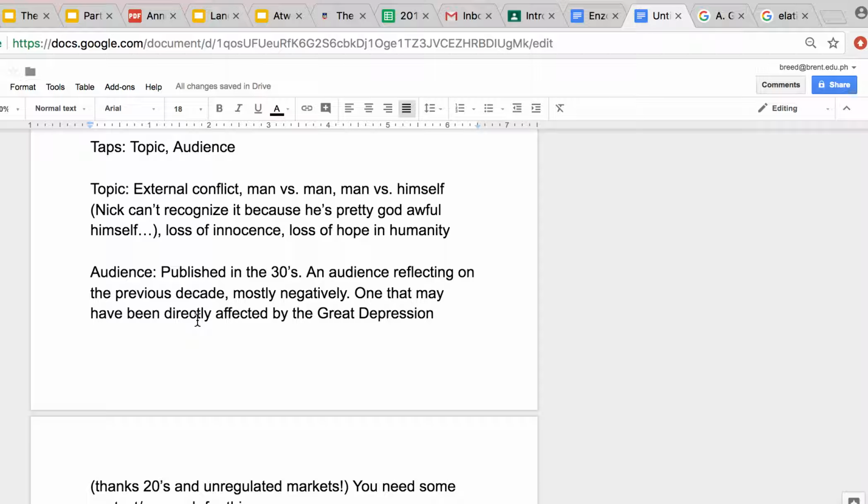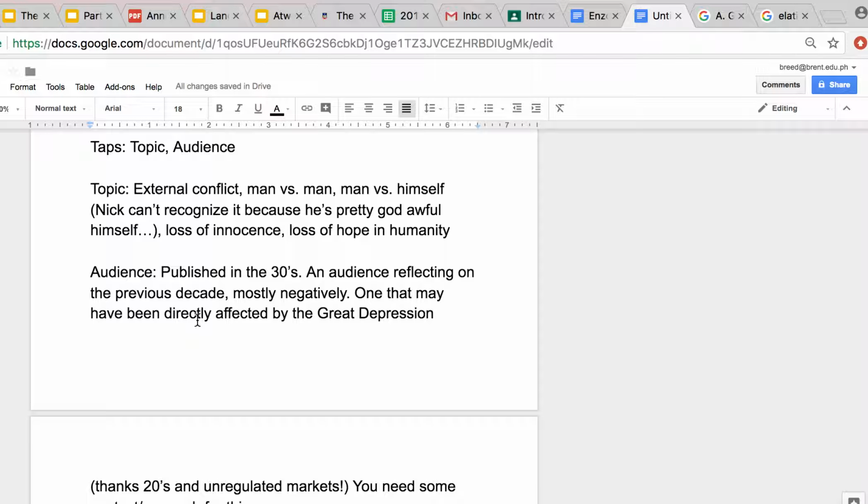The first one is external conflict. Things around in the environment that are affecting the main characters. We have man versus man. The way Gatsby is done away with at the very end of the novel. Also maybe his conflicts with Tom Buchanan or Nick with Gatsby. And then man versus himself.